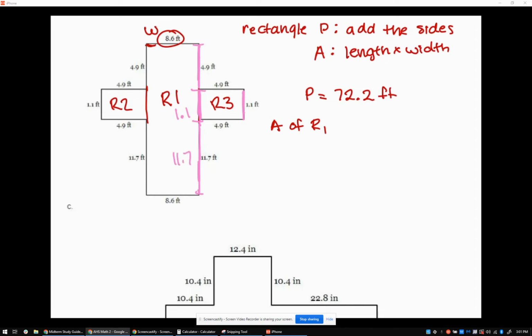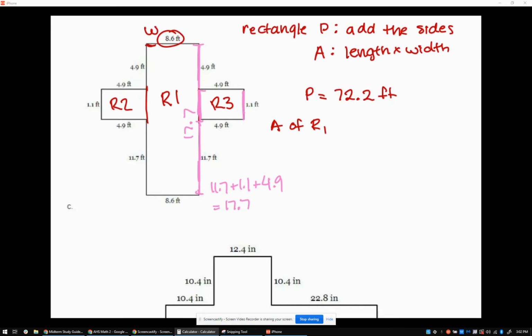So 11.7 plus 1.1 plus 4.9 is 17.7. So the length of this entire section is 17.7.